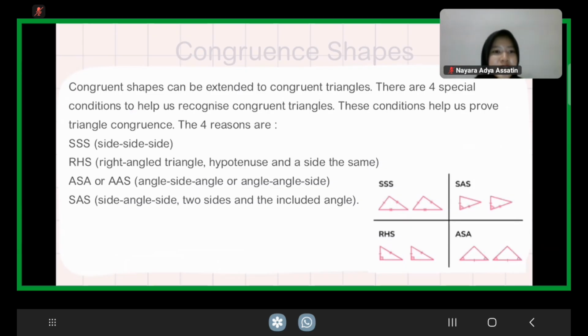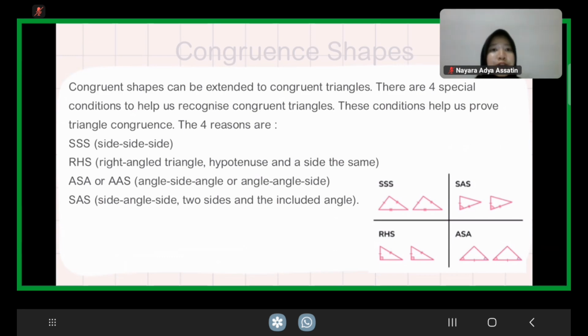Congruent shapes can be extended to congruent triangles. There are four special conditions to help us recognize congruent triangles. These conditions help us prove triangle congruence.